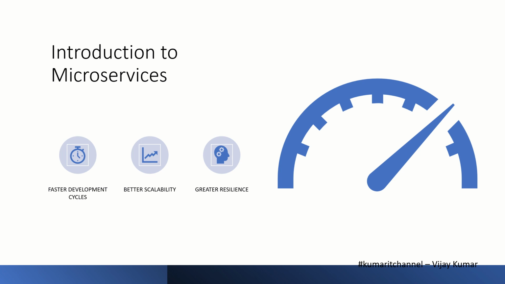Finally, microservices allow for greater flexibility and agility, as services can be easily added. You can easily add, remove, or replace services as needed without interrupting the rest of the application. Overall, microservices are a very important approach to software development that can help organizations build more scalable, resilient, and agile applications.